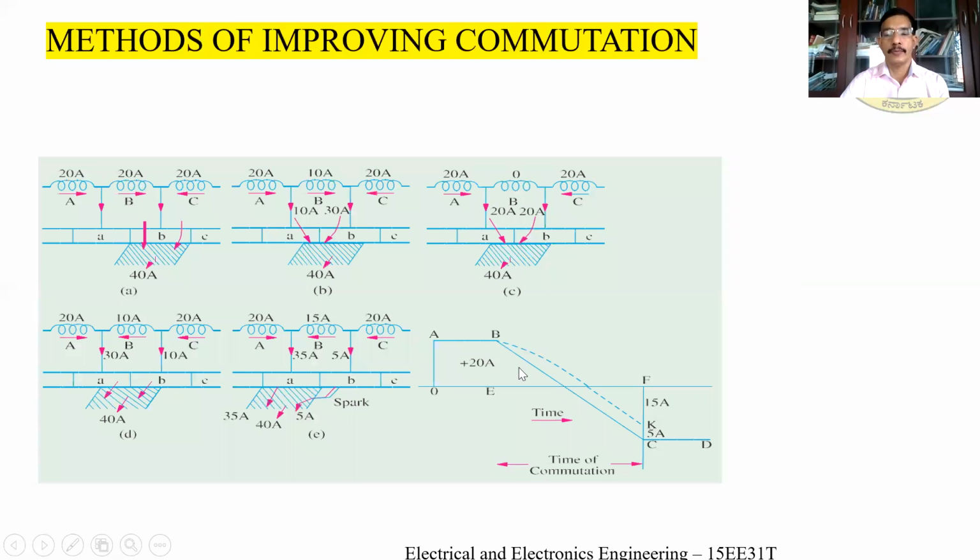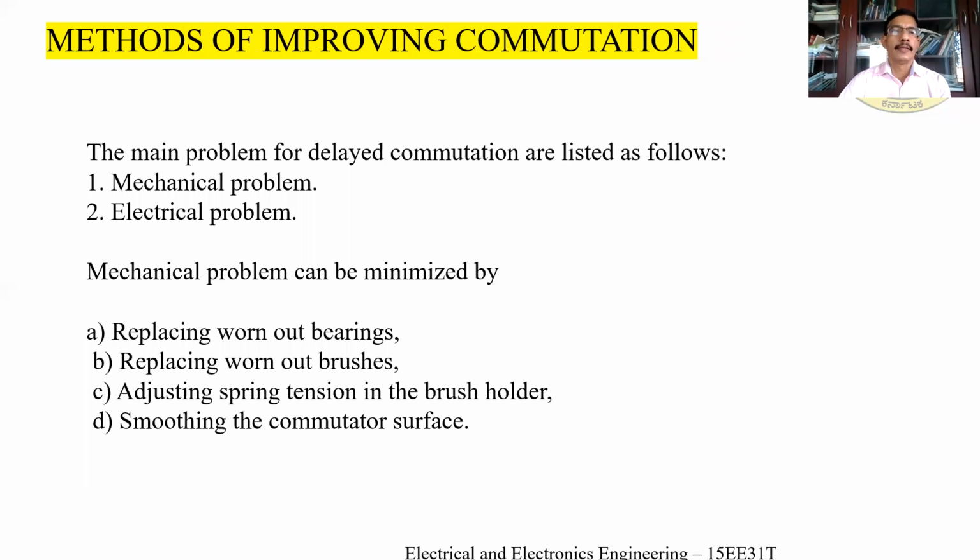In this diagram also you can see actually plus 20 to minus 20 current change, but due to bad commutation, still 5 amps current is pending in that particular coil because of poor commutation.